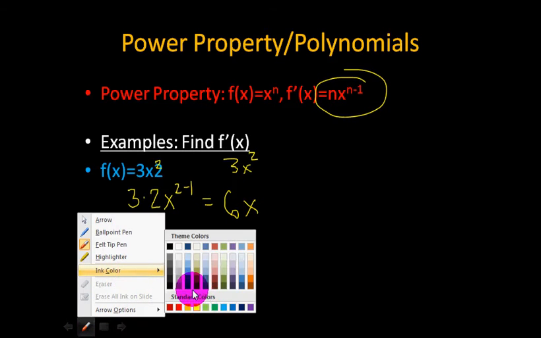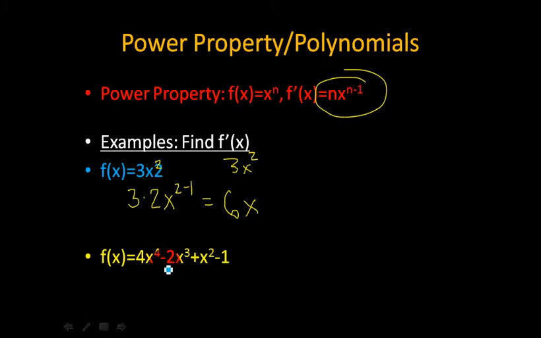For the next one here, this is a polynomial, so we do the same thing except we just subtract or add each of the individual derivatives. So we'll start here. It's a constant, so we multiply it out.